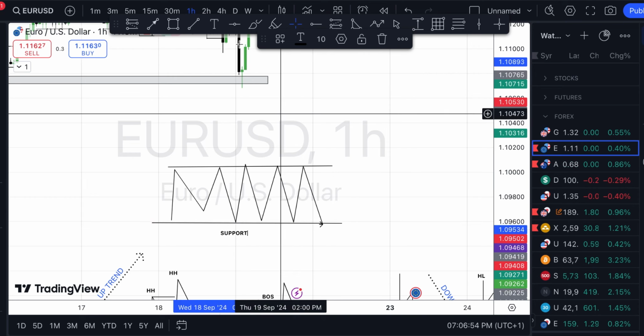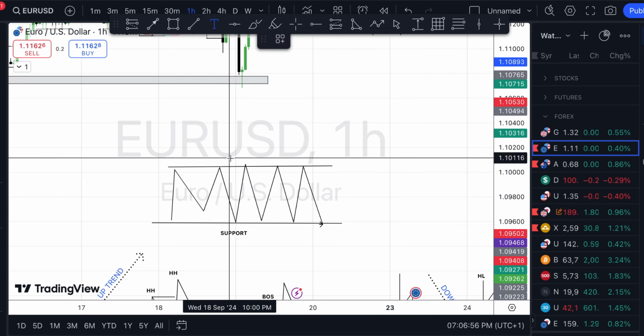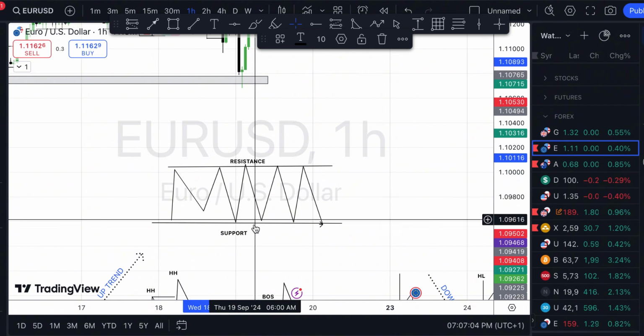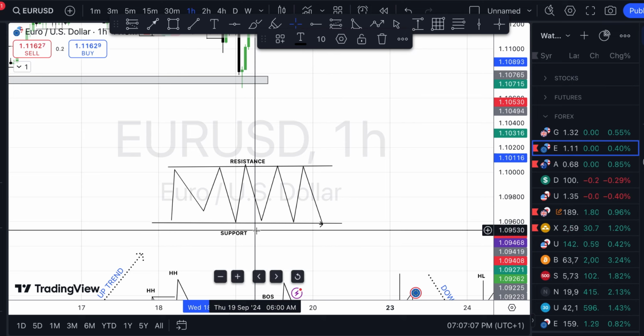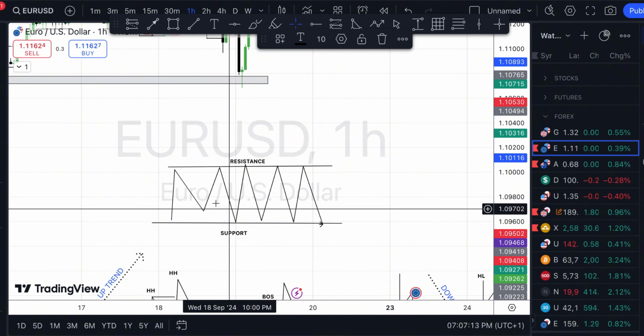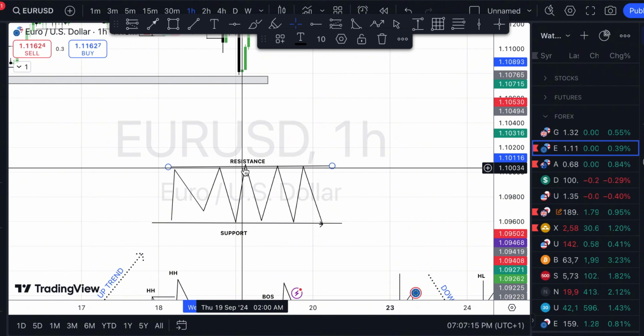Then the resistance is up. Resistance. Some of you would have heard of the words support and resistance. So this is what it is.